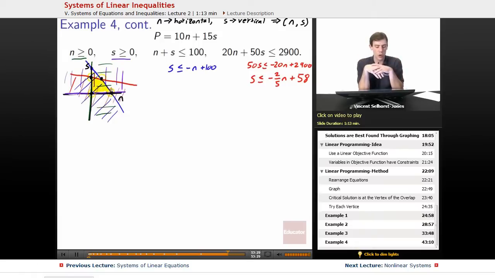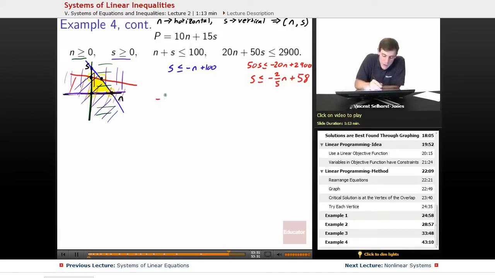We've got an origin corner. Is it possible to make any money if we plug that into P equals 0, as 0 for N and 0 for S, if we buy no cars to sell? No, we can't make any money. So we only have 3 things to care about: where red intersects green, where red intersects blue, and where blue intersects purple. So let's look at red intersects green first.